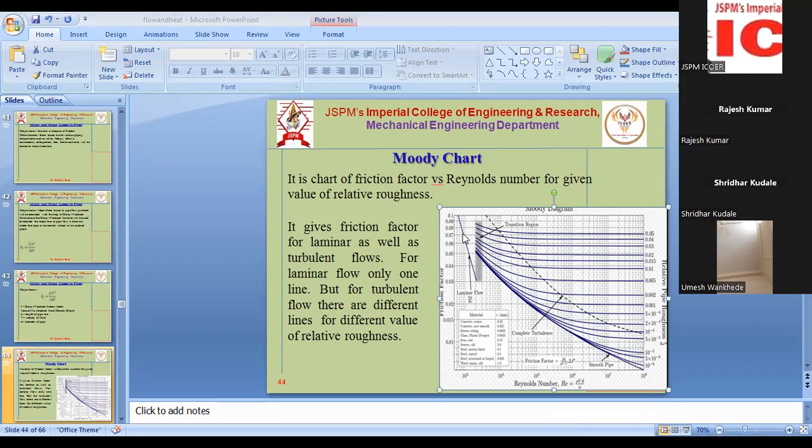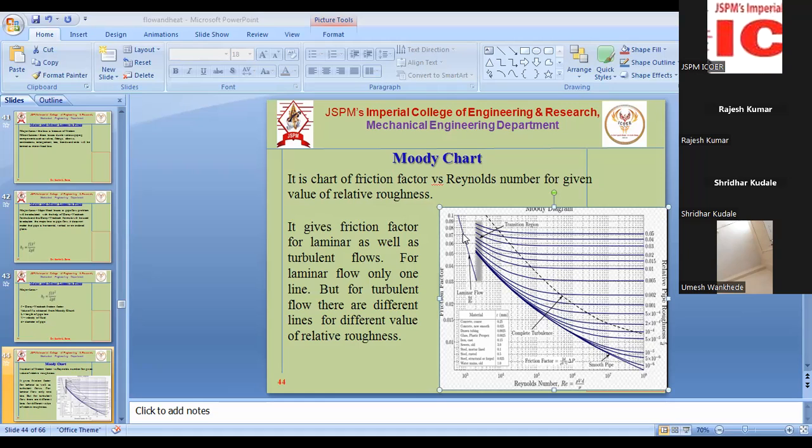But in laminar flow, it doesn't depend on the roughness of the pipe. Please understand, friction factor does not depend on the roughness of the pipe in laminar flow. Basically, when we go to smaller diameters, we go toward the laminar range, because if you see the equation of Reynolds number, rho v d by mu, it depends on diameter. If you reduce the diameter, Reynolds number reduces.